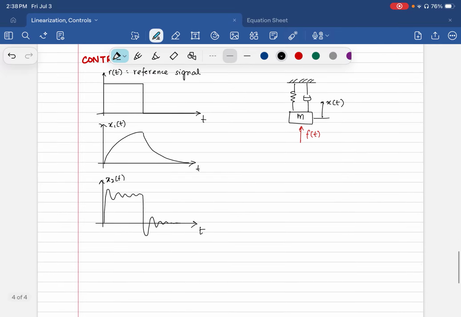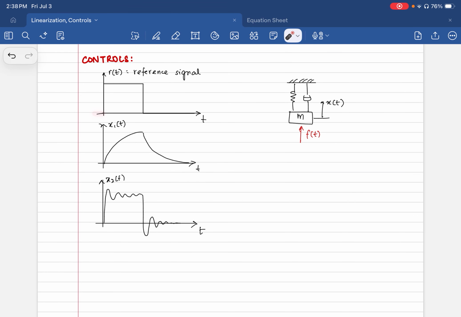Now, what we're trying to achieve with controls is that we want the system to have a response that is identical to this. Well, that may not always be true, but if you change your force so that your system, instead of tracking in this way, tracks something like this, then you would be able to better achieve your reference signal. Now, how is it that you're going to have your position change in this way?